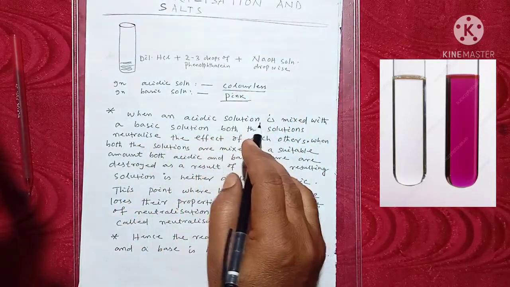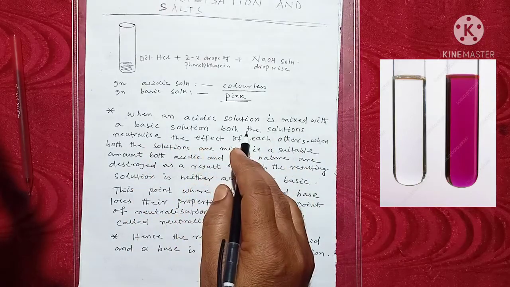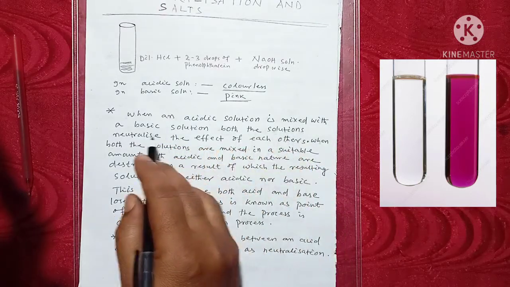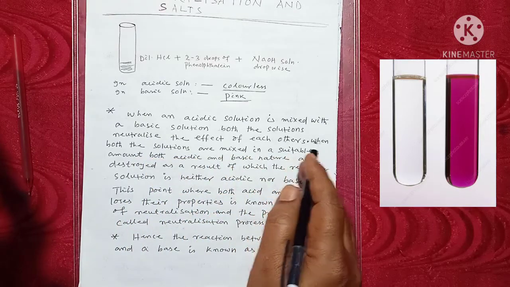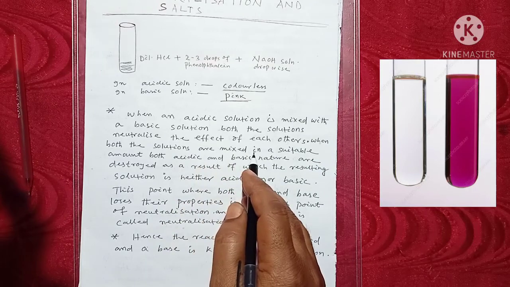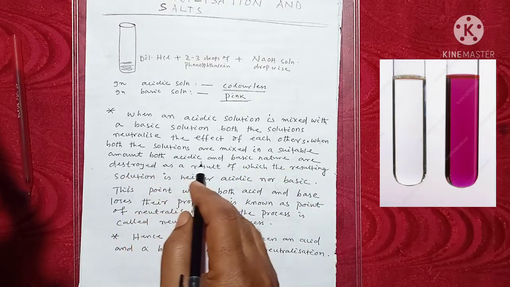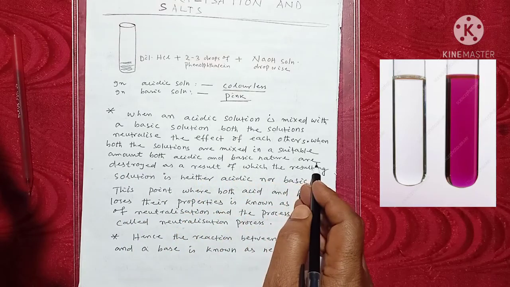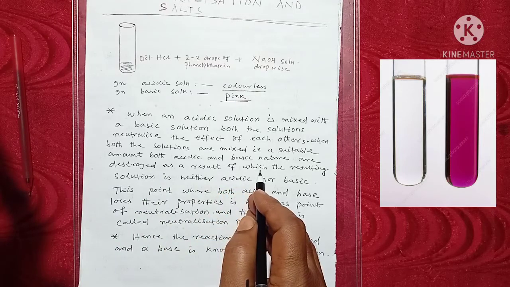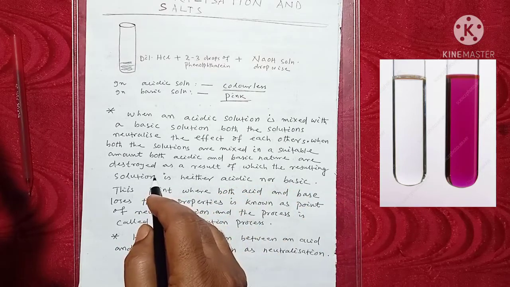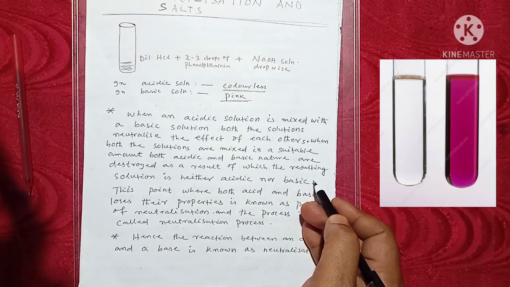When an acidic solution is mixed with a basic solution, both solutions neutralize the effect of each other. When both solutions are mixed in a suitable amount, both acidic and basic nature are destroyed, as a result of which the resulting solution is neither acidic nor basic.